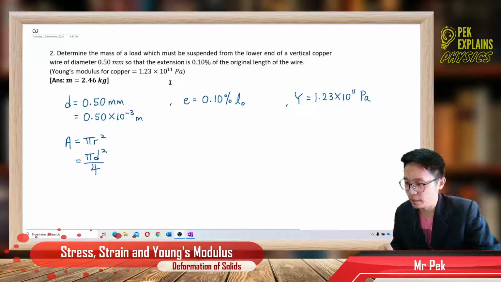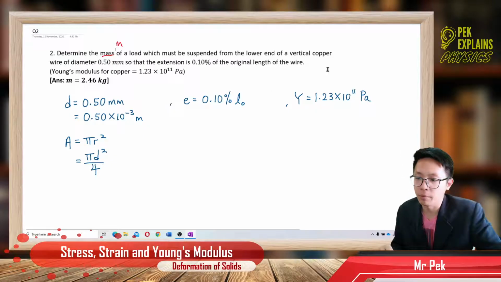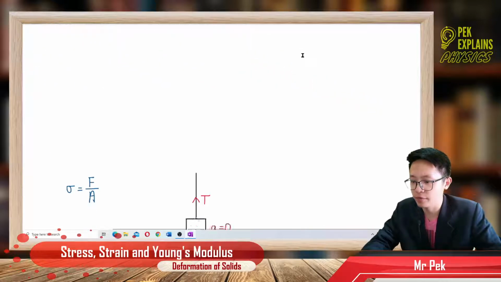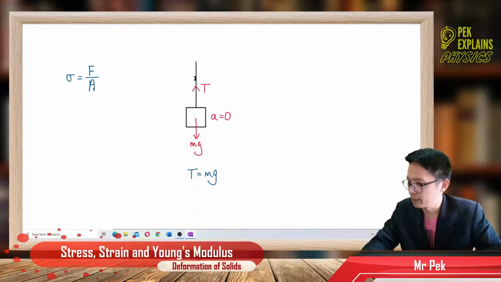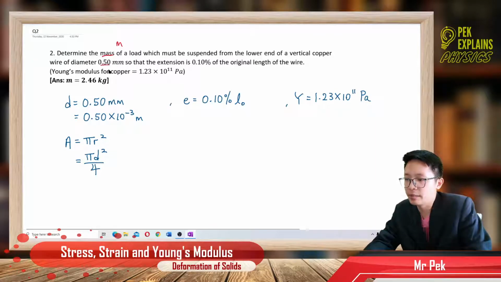Okay, what you want to find is the mass hanging on the copper wire. Okay, still the same case like before. Yeah, this is the copper wire and this is the mass hanging. Yeah, the diameter, given diameter, this is the diameter.